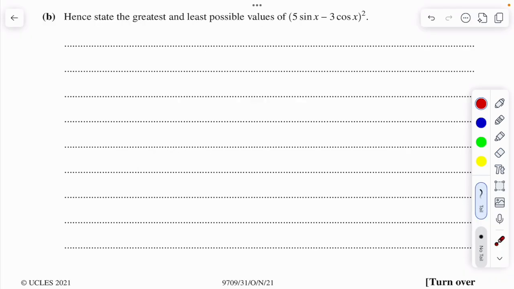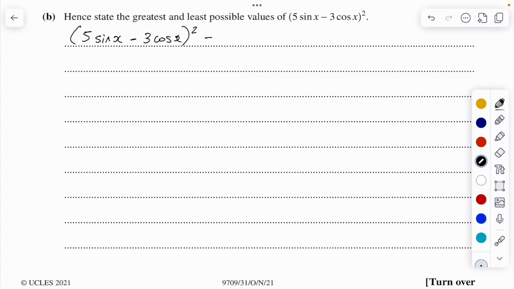Alright, now for b, guys, it says, hence state the greatest and least possible values of 5 sine x minus 3 cos x, squared. So let's jot this down. So 5 sine x minus 3 cos x.